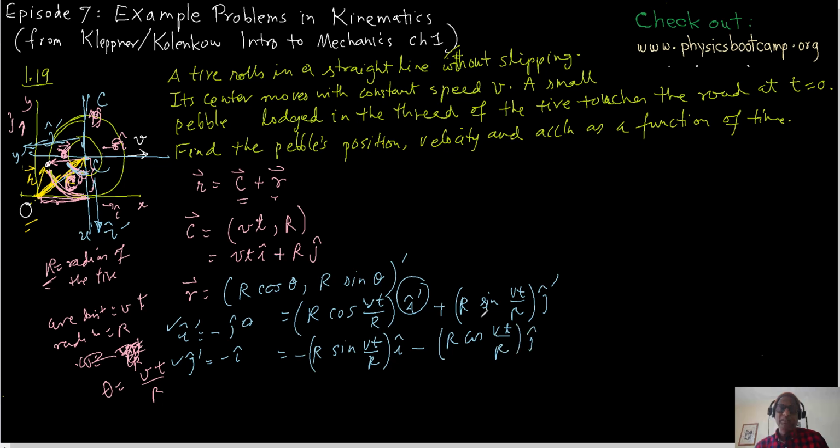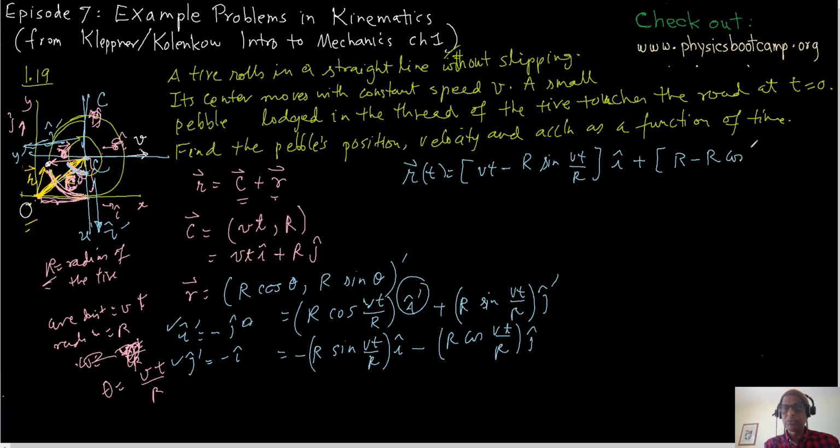So now we're done, and actually all I have to do is do derivatives, right? So I got R of t is this minus that: vt minus R sine vt over R I hat, written in the same I hat and j hat, and the other thing is R minus R cosine vt over R j hat.